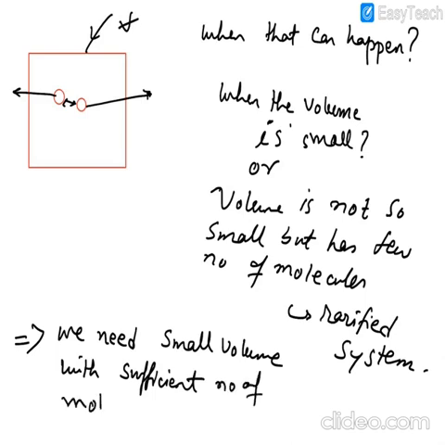Even if suppose it has another two molecules, and they collide with one another, there will be a higher chance that before it goes out of this volume, it will collide again, and in that way it will be hindered or prevented from going out of the system. So that means we need a small system with sufficient number of molecules.